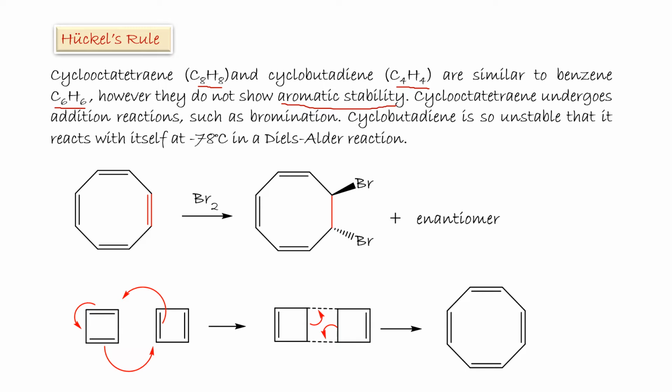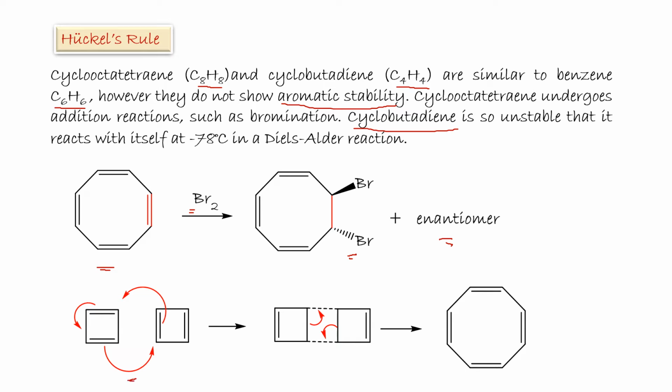For example, the cyclooctatetraene adds bromine to its double bond to form the dibromo compound plus the enantiomer, of course. The cyclobutadiene is also unstable.